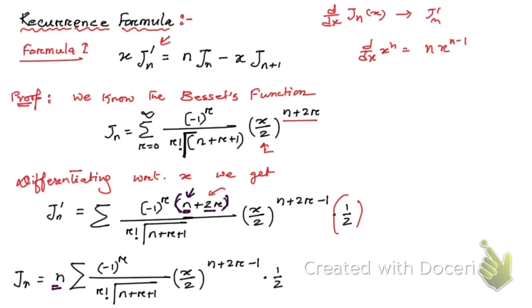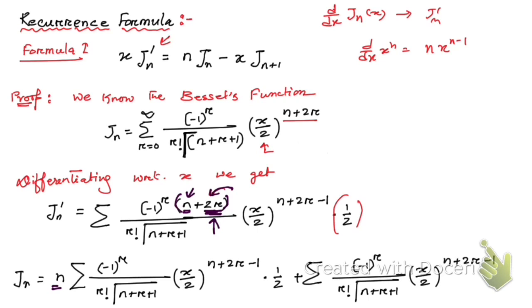Then again it should be multiplied by 2r, as you can see here. And this time we have plus summation of (-1) to the power r divided by r factorial gamma of (n plus r plus 1), (x by 2) whole to the power n plus 2r minus 1, then we're going to have half here. Then let's multiply that 2r here. This is the 2r.